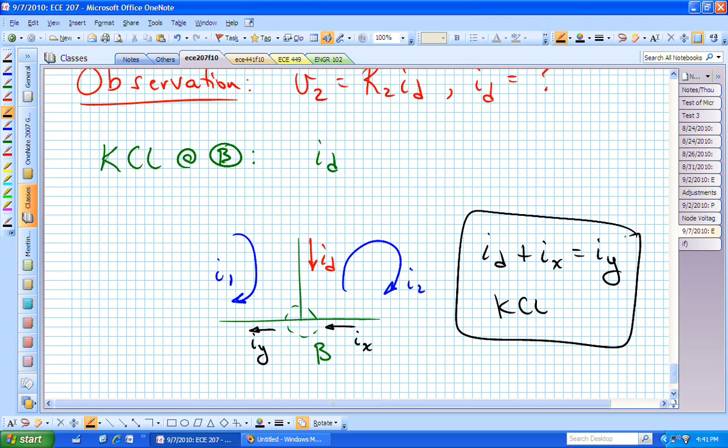I sub 1. Meaning my KCL at B is actually I sub d plus I sub x, which is indeed I sub 2, and that's equal to I sub 1. That means that I sub d is actually I sub 1 minus I sub 2. That's what we were trying to show.